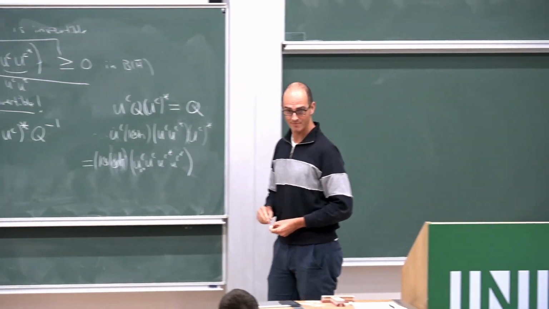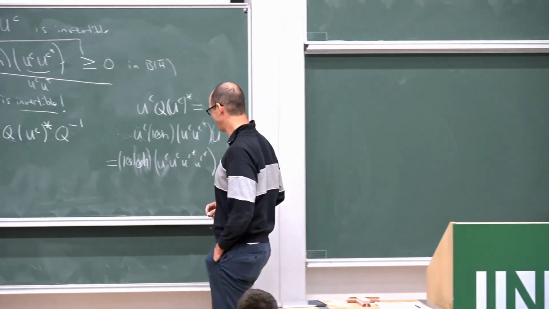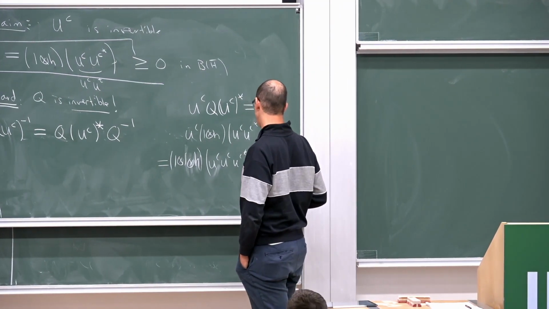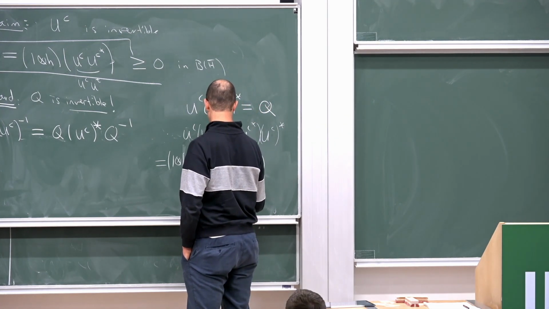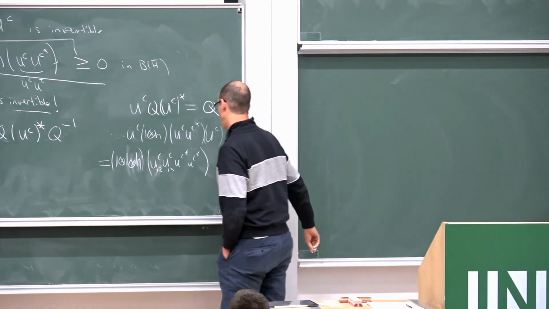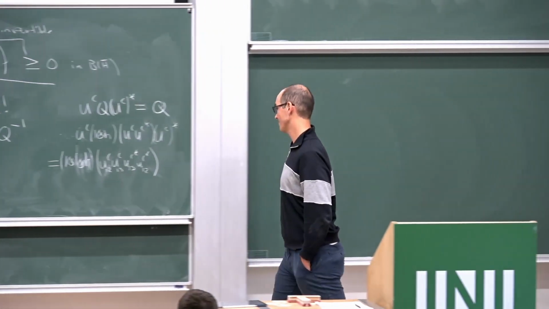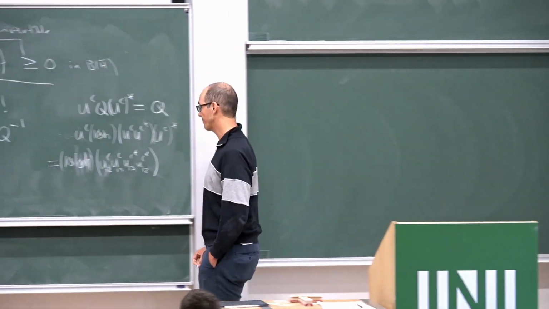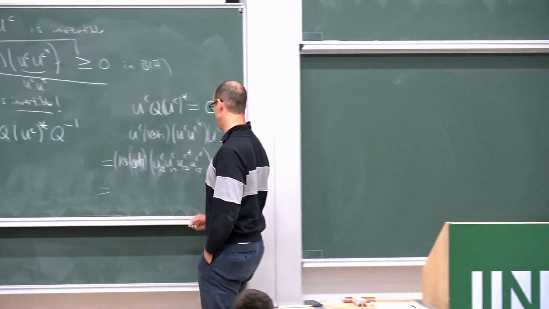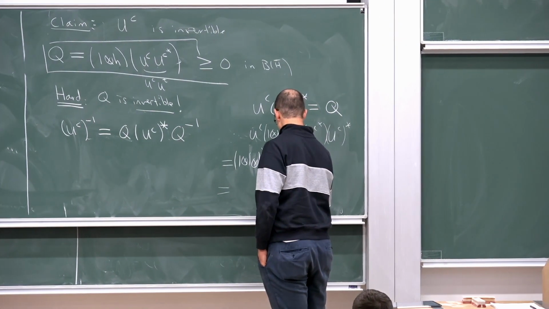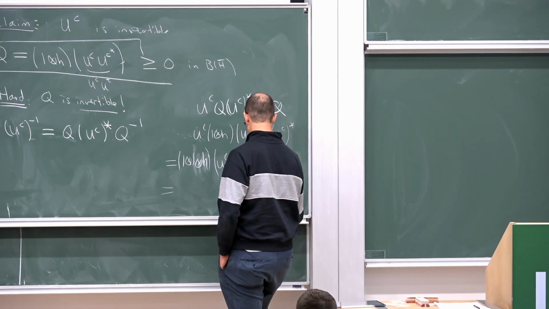Maybe I try this. There's some trick that works, I know that. Yes, this would be 2, 1, 3, 1, 2. So I write it this way. And then this whole thing is identity tensor delta of UC star.